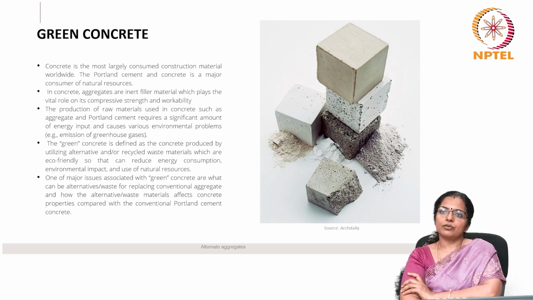The production of raw materials used in concrete, such as aggregate and Portland cement, requires a significant amount of energy input and causes various environmental problems, such as emission of greenhouse gases.